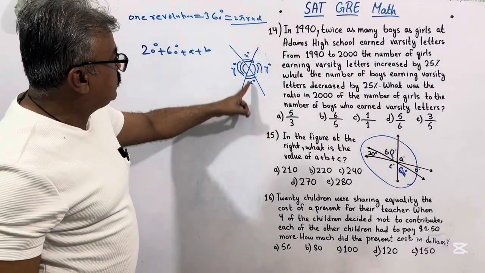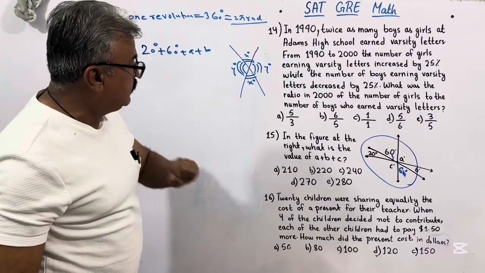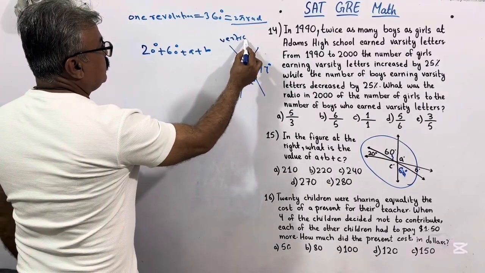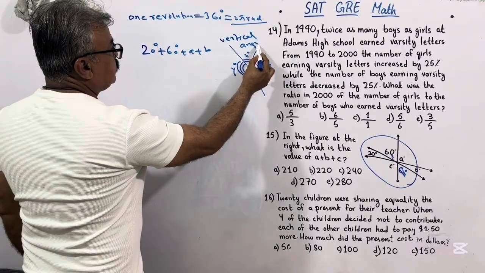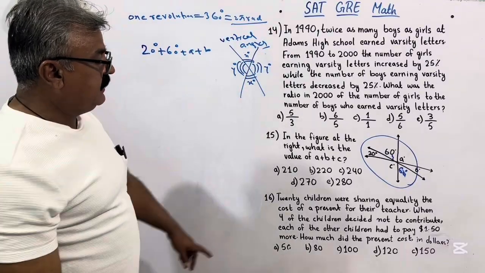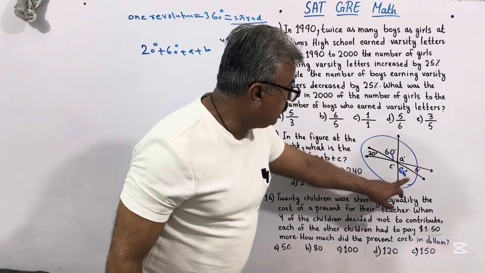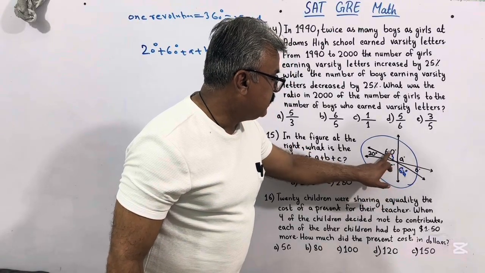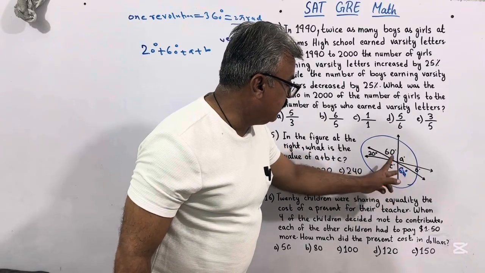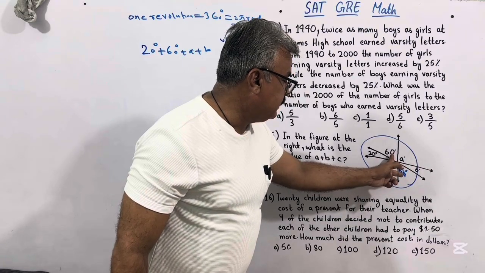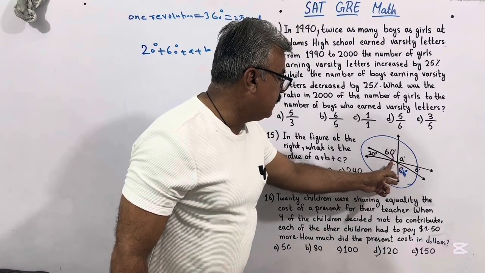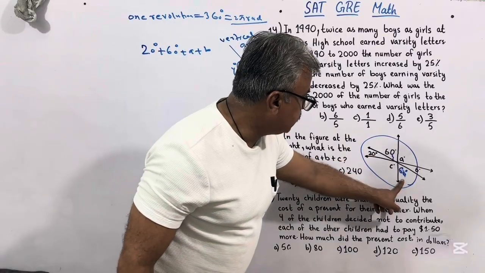By virtue of these vertical angles, this empty space we have filled with 60 degrees, because these two angles are vertical angles. Vertical angles are equal.